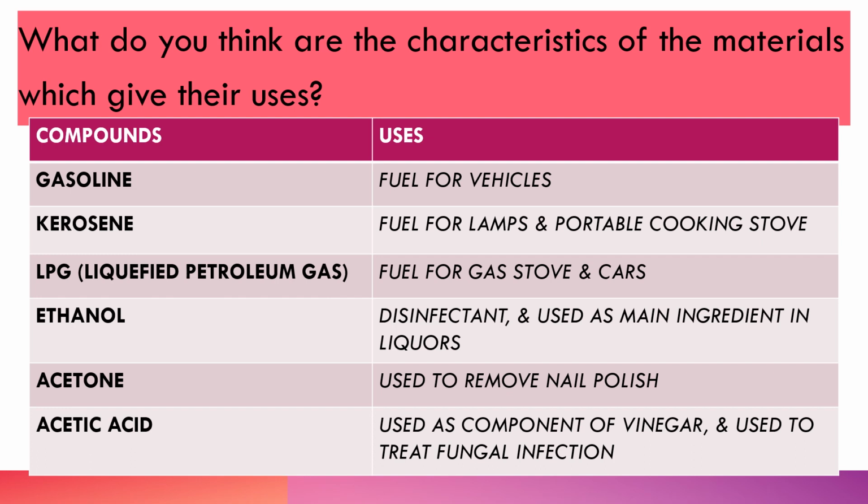LPG, or the liquefied petroleum gas, is used as fuel for gas stove and cars. Ethanol, used as a disinfectant, and used as main ingredient in liqueurs. We also have the acetone, used to remove nail polish. And the last one, the acetic acid, also known as the vinegar. It is used as component of vinegar and used to treat fungal infection.